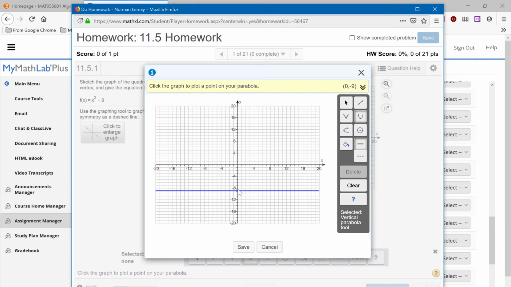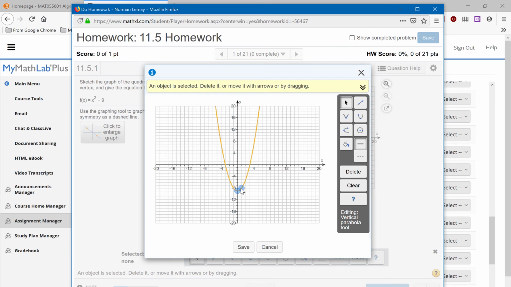So again, notice if I move to the right one, and then notice that at x equals 1, 1 squared is 1, and then we get -8. So here I'm going to get this value right here. And notice in the upper right, I have 1 comma -8. So there's my second point, and there is the graph.